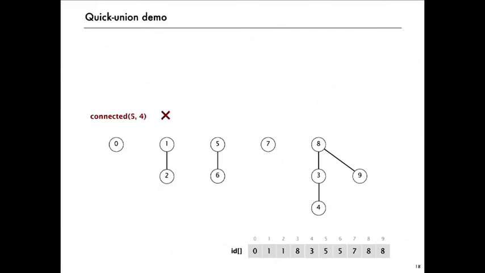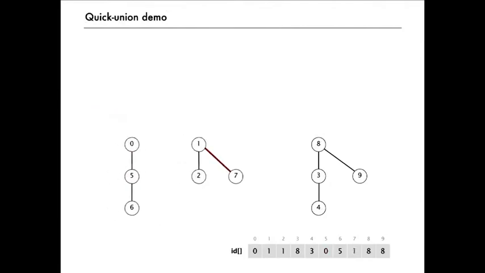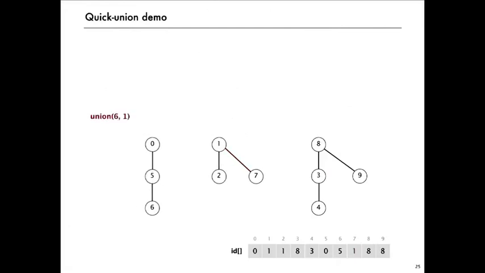5 and 4, 4's root is 8, 5's root is 5, they're different, they're not connected. 5 and 0, 5 goes to be a child of 0. 7 and 2, 7 goes to be a child of 2's root, which is 1. 6 and 1, 6's root is 0, 1's its own root, so 0 becomes a child of 1.